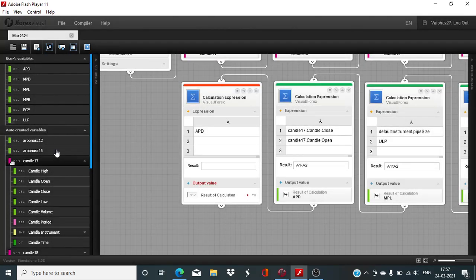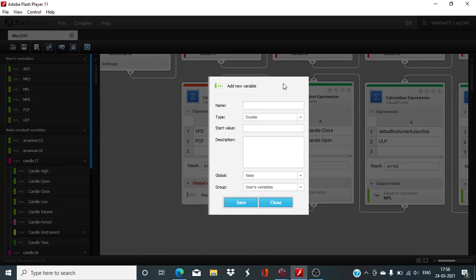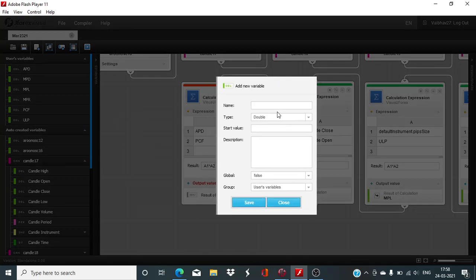Okay, A1 into A2, and this will be buy side stop loss.